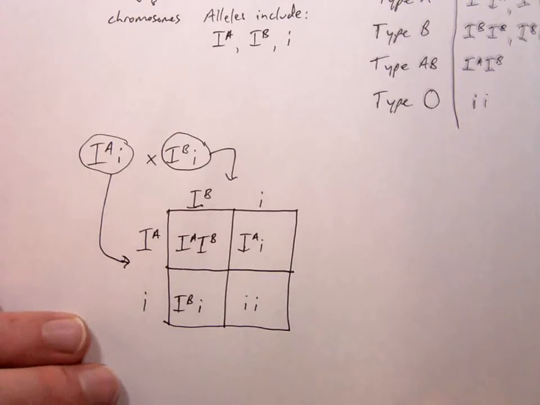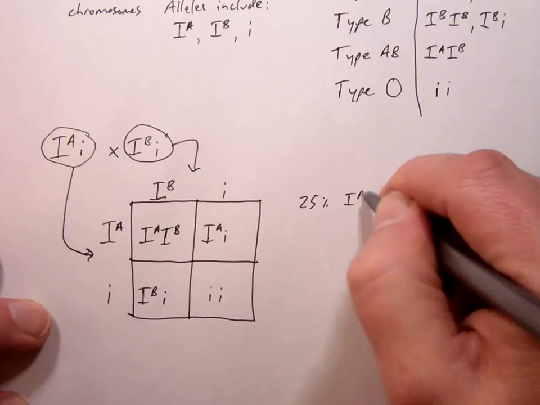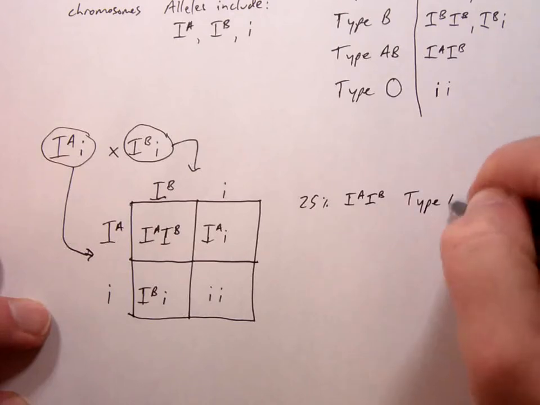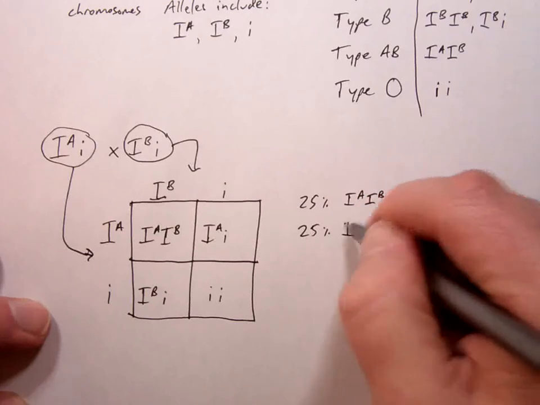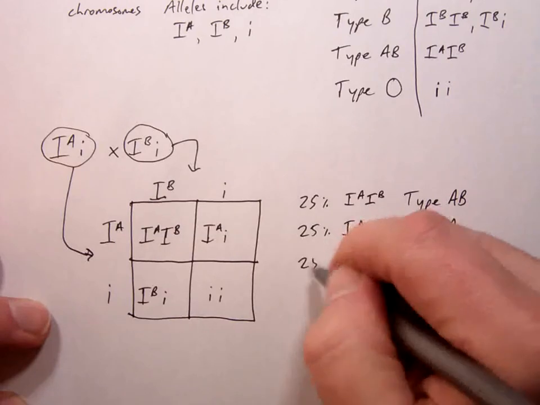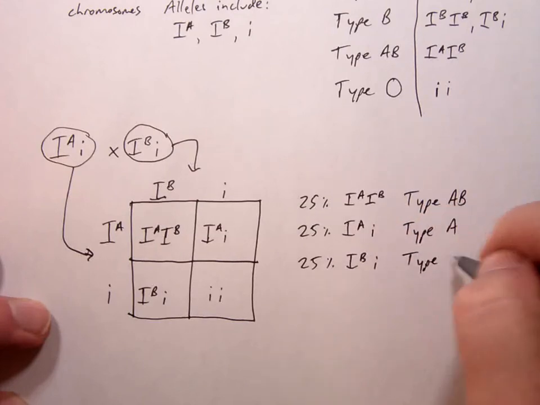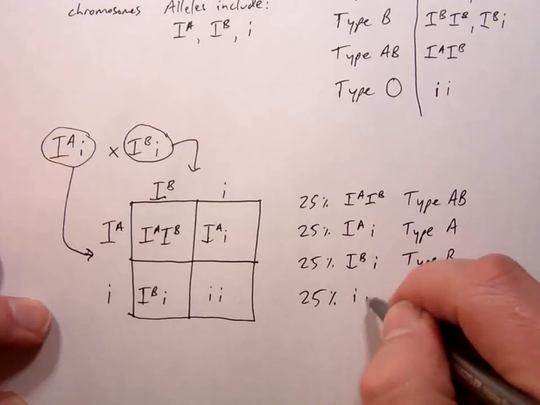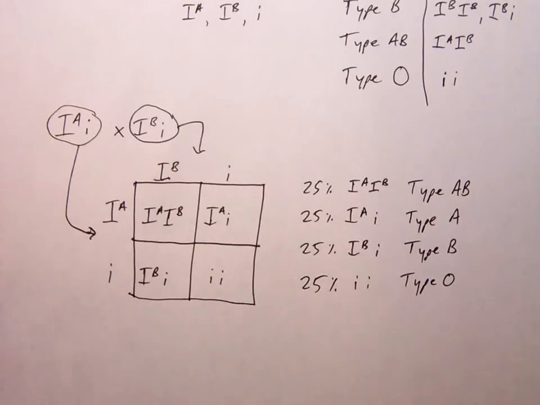So in this case, you'd end up with 25% big I^A, big I^B, and that would be type AB, 25% big I^A, little i, type A, 25% big I^B, little i, type B, and 25% little i, little i, type O.